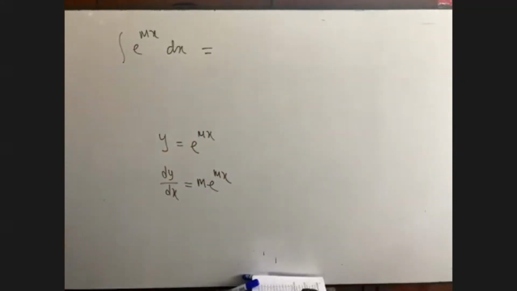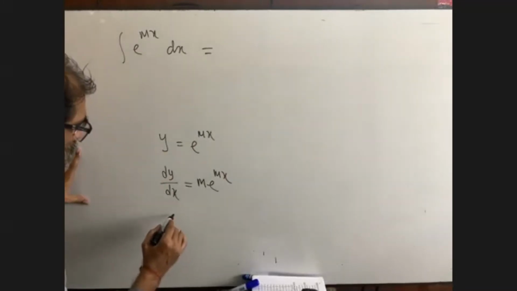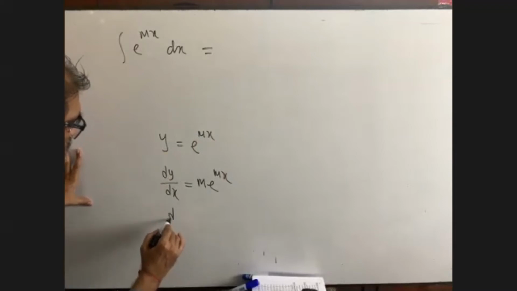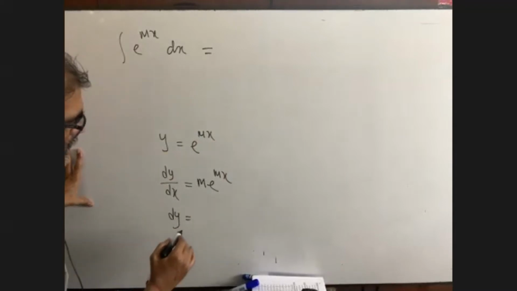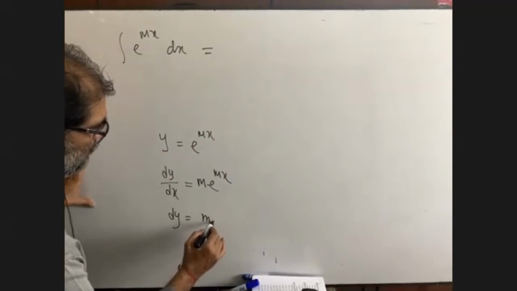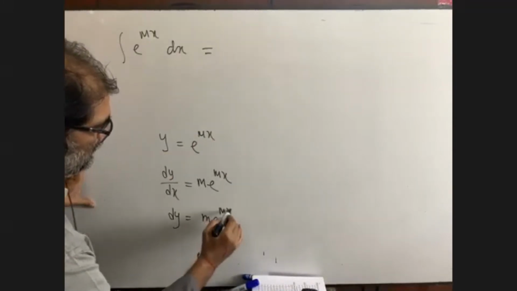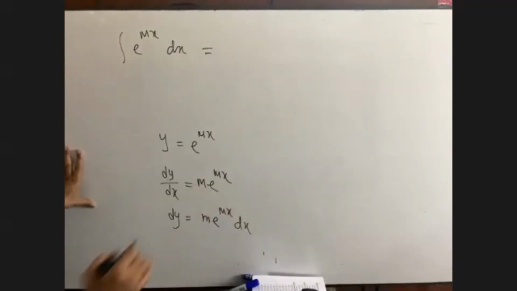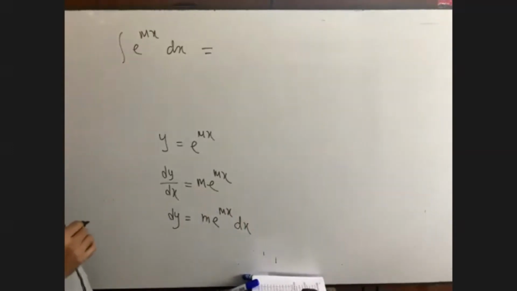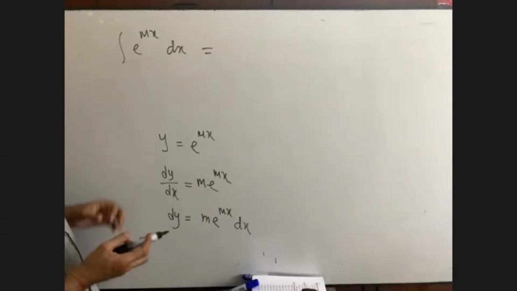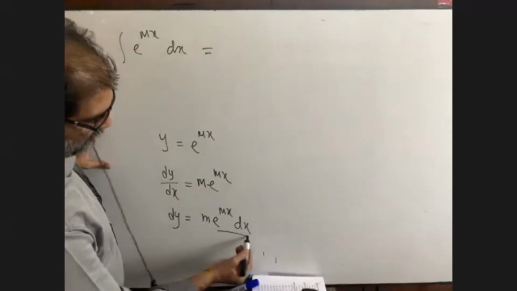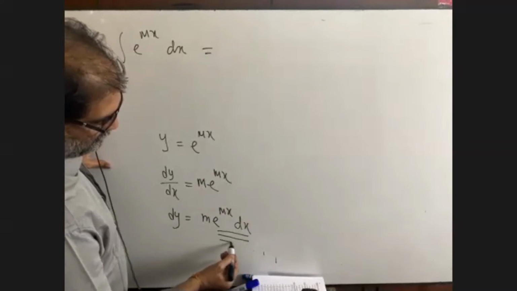So we are getting dy equals m e^mx dx. But we are going to find this value, only this, not m.